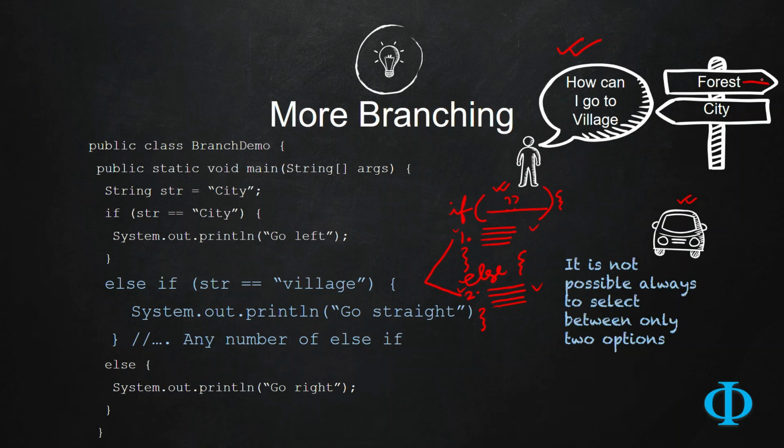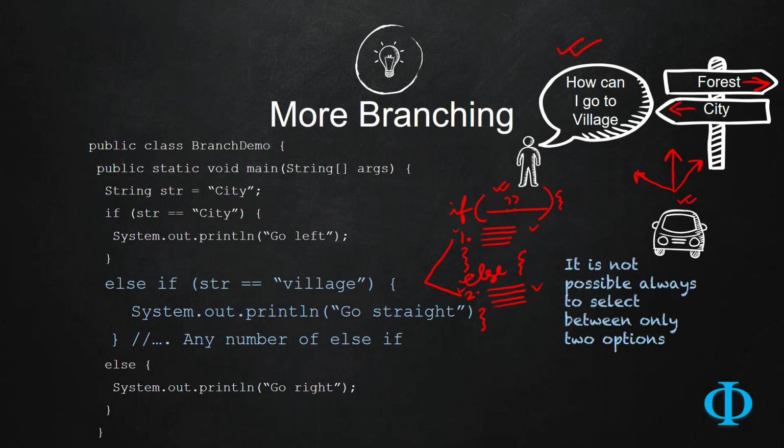If you want to go to the city, you can go left. Now, how can you go to the village? Let's say there are three different situations. Right means forest, left means city, and straight means village.